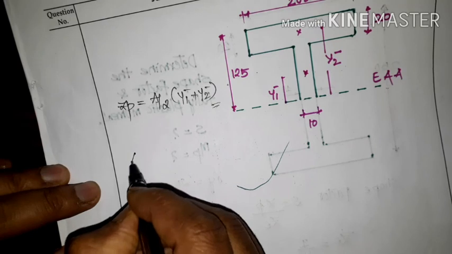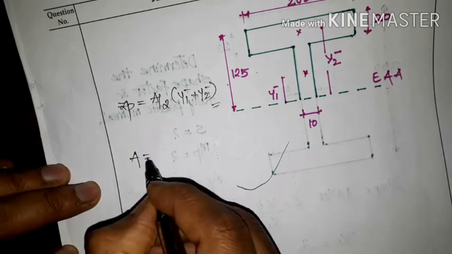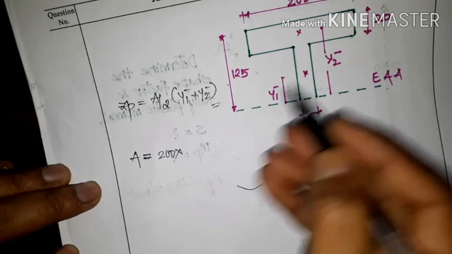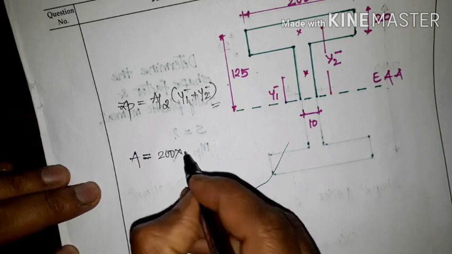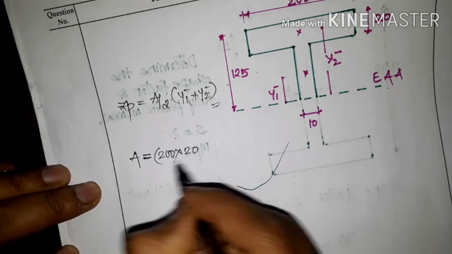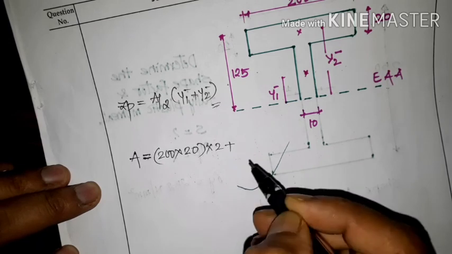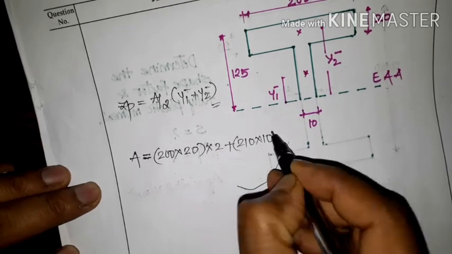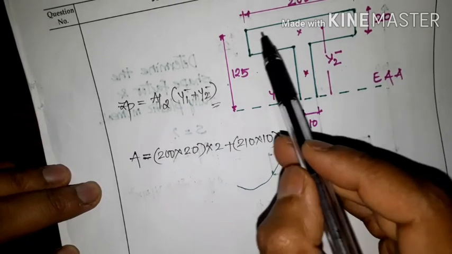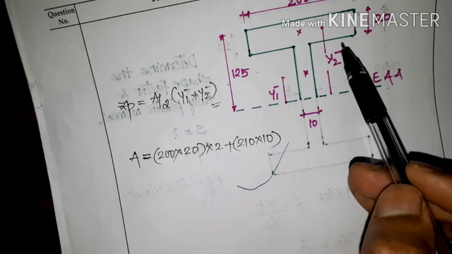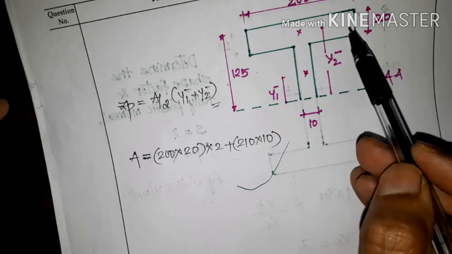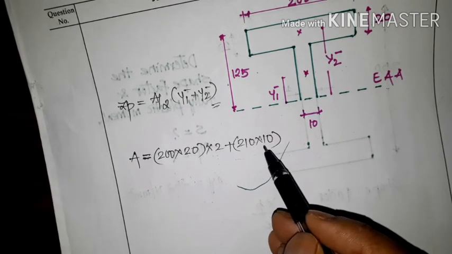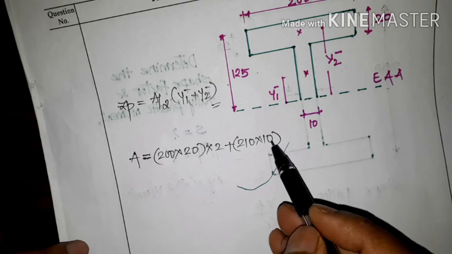Okay, where A is equal to 200 into 20 into 2 plus 210 into 10. That is 200 into 20, two parts, top flange and bottom flange, then 210 into 10, that is the web height into thickness of web.